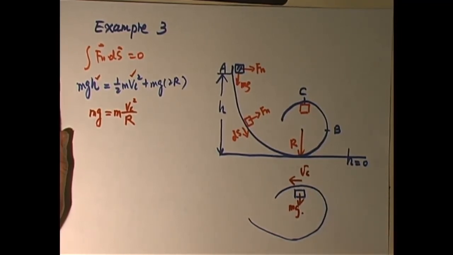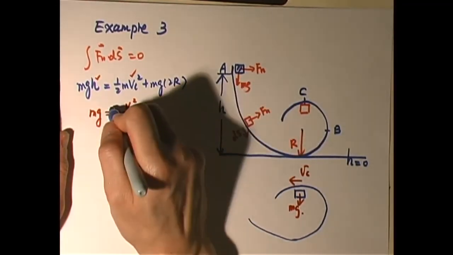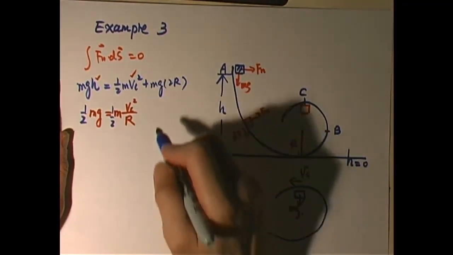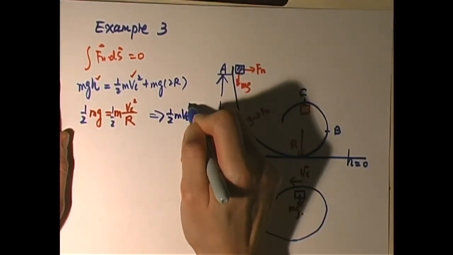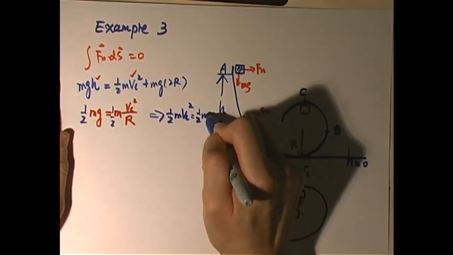So we have a relationship. From here, if we times 1/2 and both sides times r, we get that 1/2 mvc squared can be replaced by 1/2 mgr.